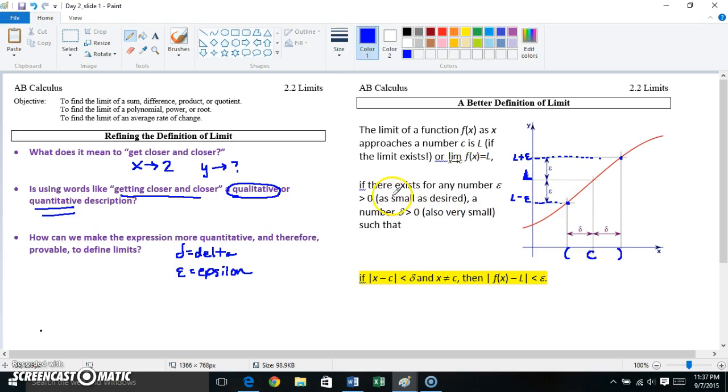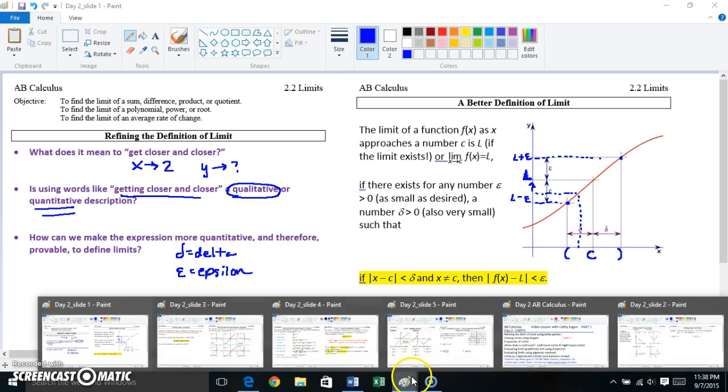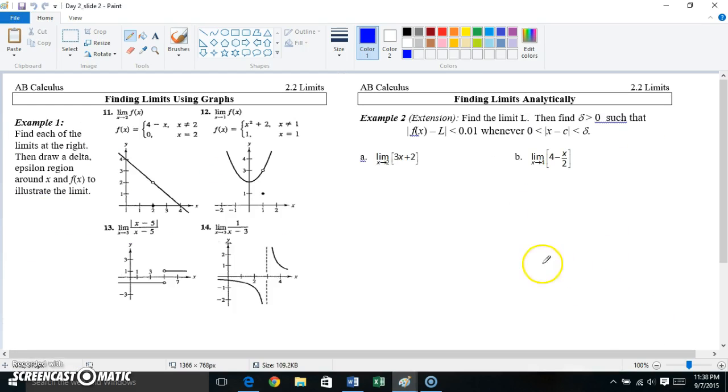Okay, so a limit is going to exist if delta gets closer and closer to 0. Therefore, our x is getting closer and closer to c, and consequently our y value for our limit will get closer and closer to L, because as delta decreases, our epsilon is also going to decrease, moving our limit value closer to L. I'm not going to go into the formal definition of the limit using delta and epsilon, but we will take a look at a few graphical examples.